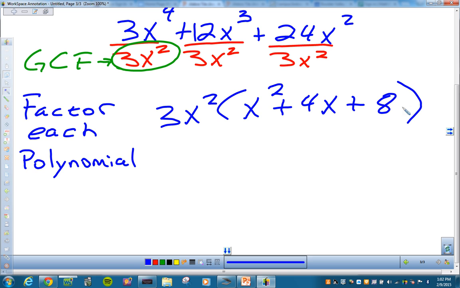Okay? Did you distribute or no? If you distribute, you just end up back where you started. So if you want to check your problem, it's a good idea to distribute. Like on a test or a quiz, I do it. Sometimes we've made you do a check step.